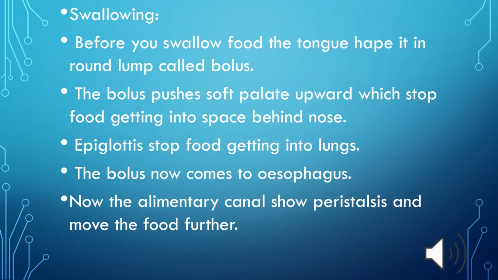Point number 2, the bolus pushes the soft palate upward, which stops food getting into the space behind the nose. Next, the epiglottis stops food getting into the lungs. The bolus now comes to the oesophagus. Now the alimentary canal shows peristalsis and moves the food further.